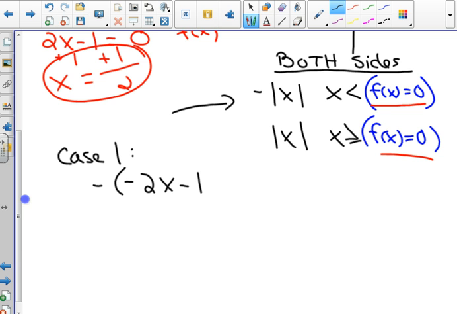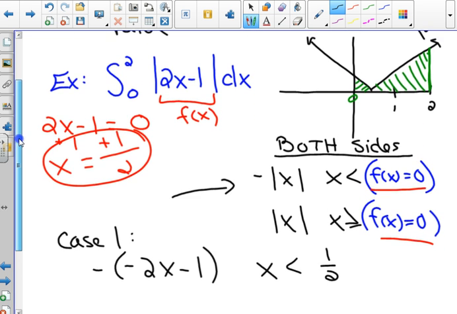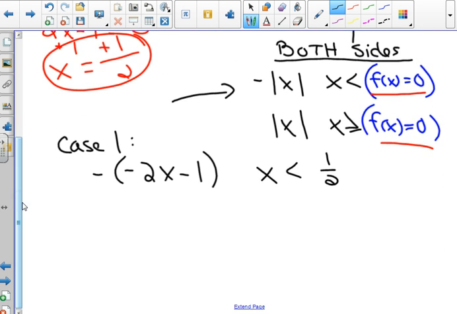I'm going to go in a lot of steps so you guys can really tell. We negate what's in the absolute value, and this is for when x is less than 1/2. It's 2x minus 1, sorry, thanks. That's right, 2x minus 1. So when you bring this through, it becomes negative 2x plus 1. Is that okay so far?